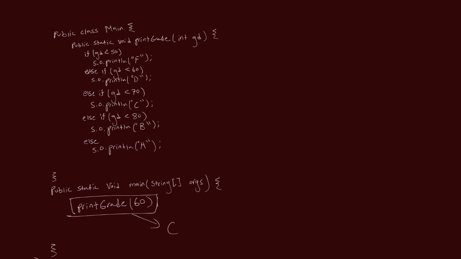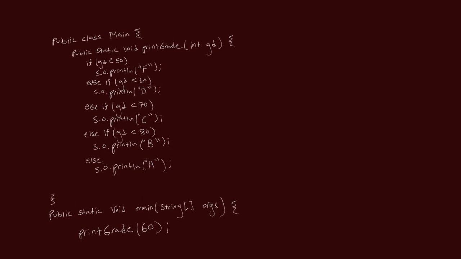We're not returning anything. Void means we're not returning anything. So when we call our method, we just execute through it and print out anything that we need to print out, and then we leave without having this printGrade(60) hold any values. Okay.